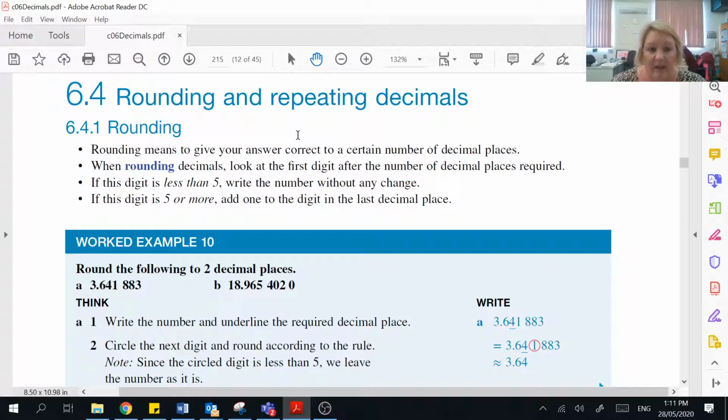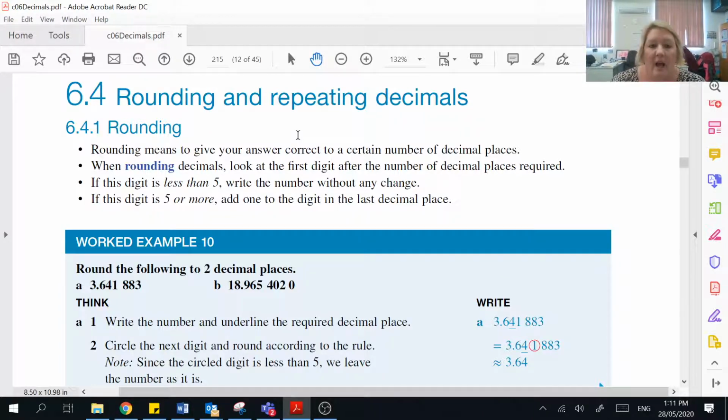So rounding is just giving your answer correct to a certain number of decimal places. In our community, we often round to 2 decimal places, because we all use money all the time. When we're rounding, we also round up in fives because the smallest currency that Australia has is a 5-cent piece.